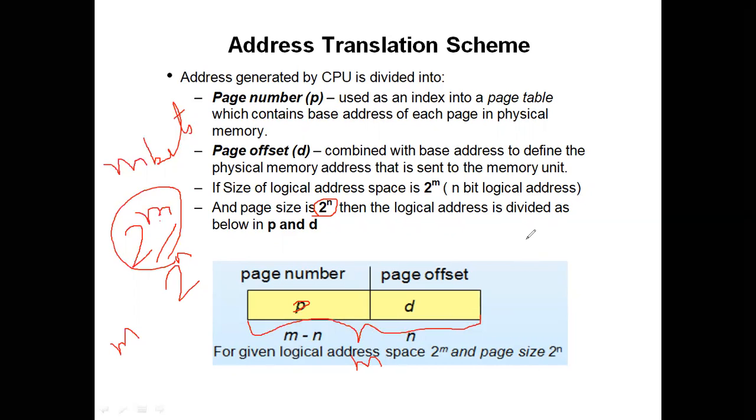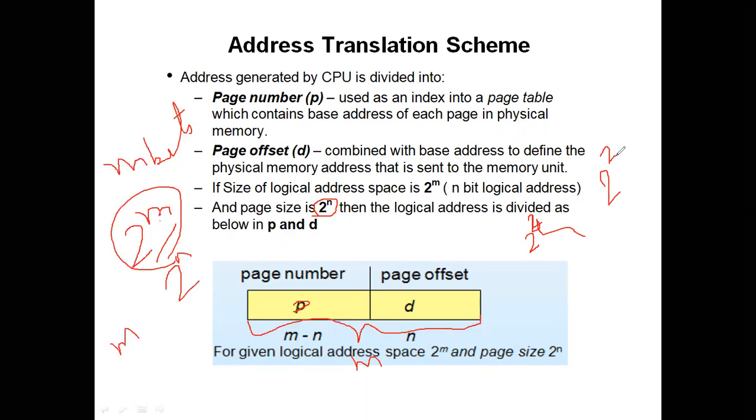For example, suppose I say the logical address space is of size 2 raised to power 4, and the page size or the frame size is 2 raised to power 2.